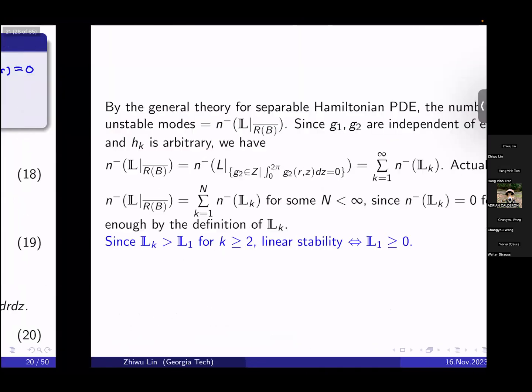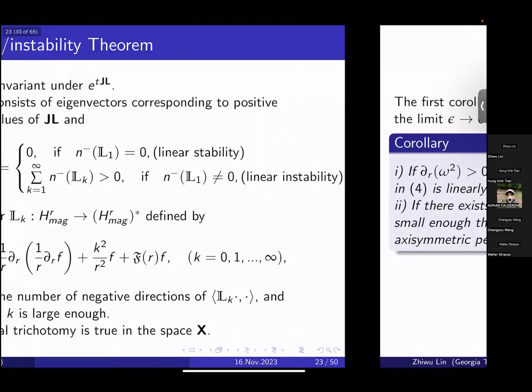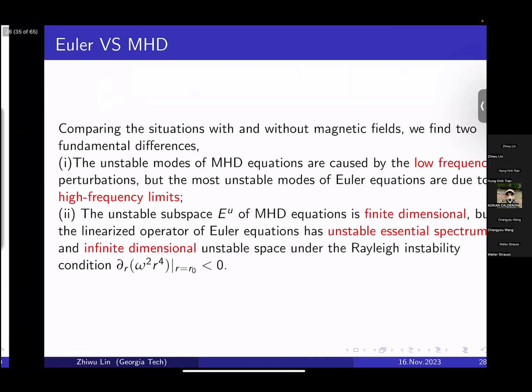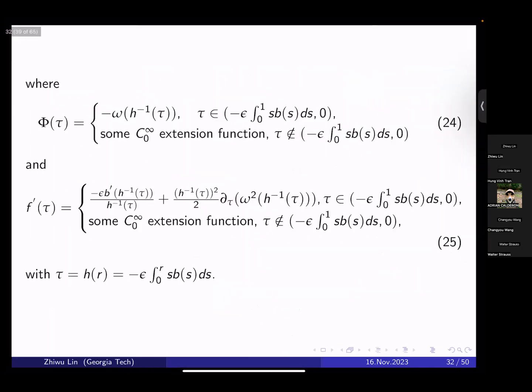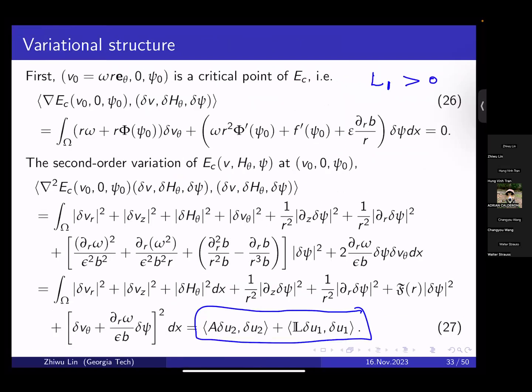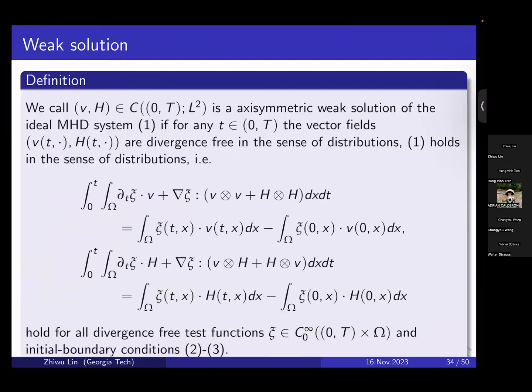So in other words, if you assume the linear stability conditions, it only tells you that for the non-zero modes it is positive definite, but for the 0 modes, there's no control by using the linear stability conditions. So we need to do a little more.